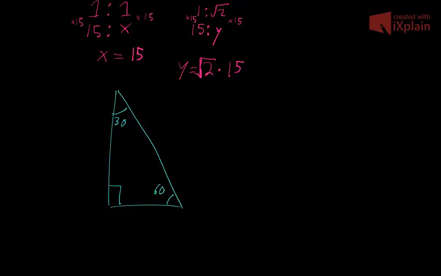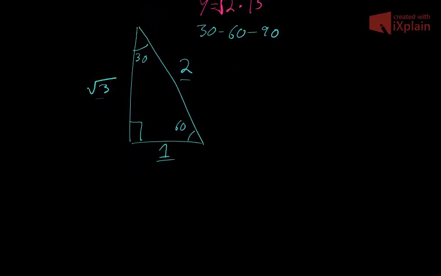And we know for our 30-60-90 triangle that the ratios are 1 down here. The shortest side is 1. The longest side is 2. And this middle side is going to be the square root of 3. So the shortest is 1, the longest is 2, and the middle is square root of 3. That's going to be our ratios. And these are ratios we're going to use all the time just to make our lives a little bit easier.